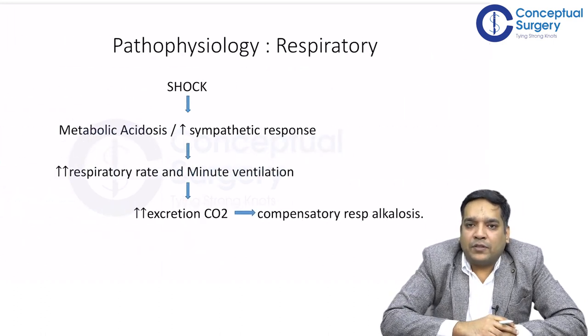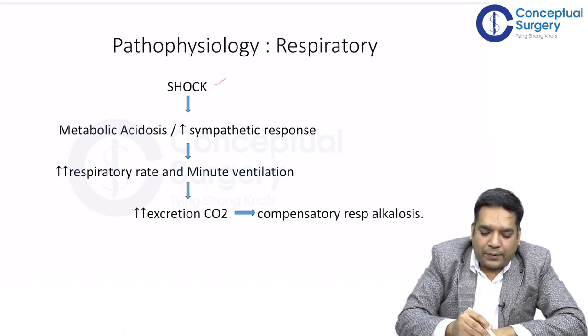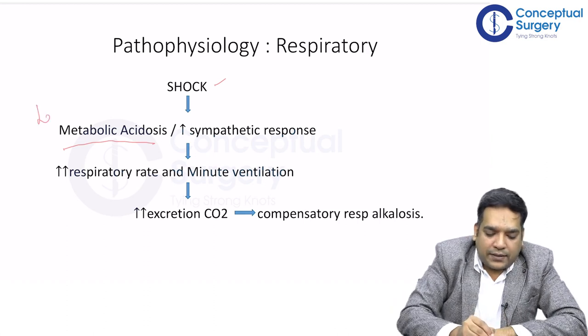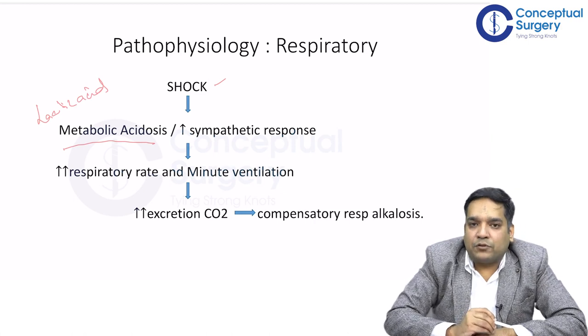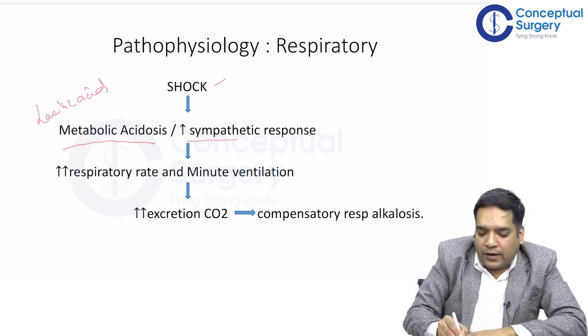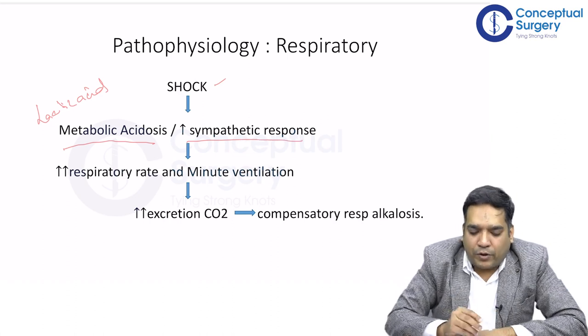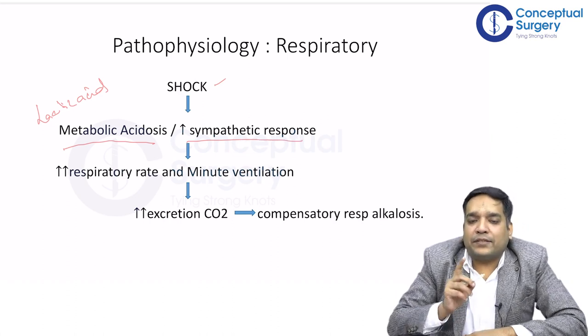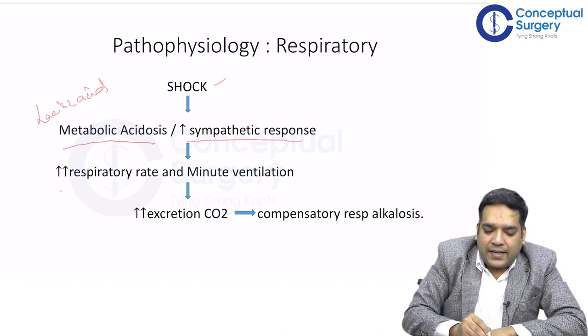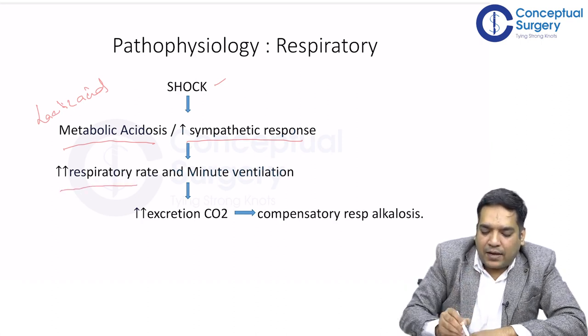So, what is the pathophysiology at the level of the respiratory system? Shock leads to metabolic acidosis because of accumulation of lactic acid, right? It also leads to an increased sympathetic response because of decrease in preload and afterload, right? Because of these two factors, metabolic acidosis and increased sympathetic response, there is an increased respiratory rate as tachypnea and an increase in minute ventilation.